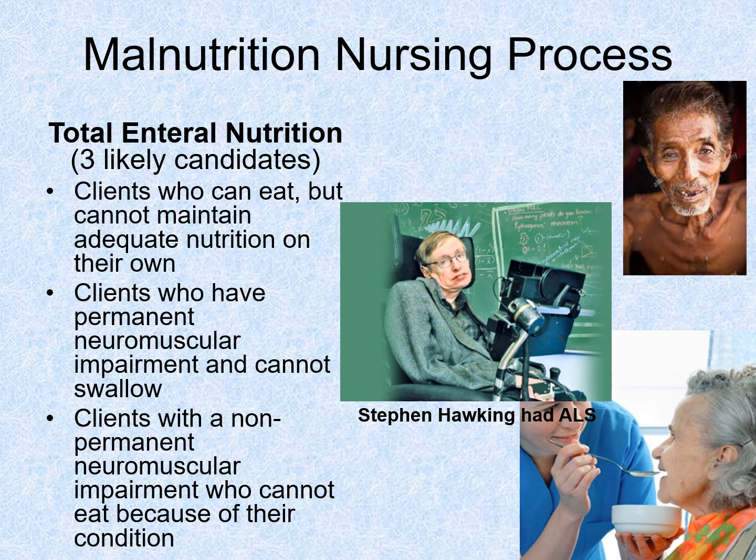So possibly people who have had a stroke, perhaps that is not a permanent condition, and they can do therapy to restore their musculature to swallow, etc. But the permanent neuromuscular disorders, and I have Stephen Hawking here, he had Lou Gehrig's disease, or amyotrophic lateral sclerosis, same thing. Then there's myasthenia gravis. And then there are clients who can eat but can't maintain their adequate nutrition on their own.